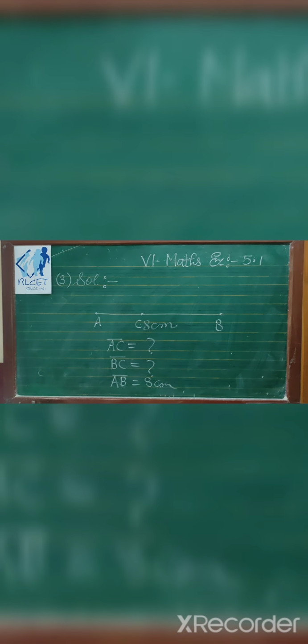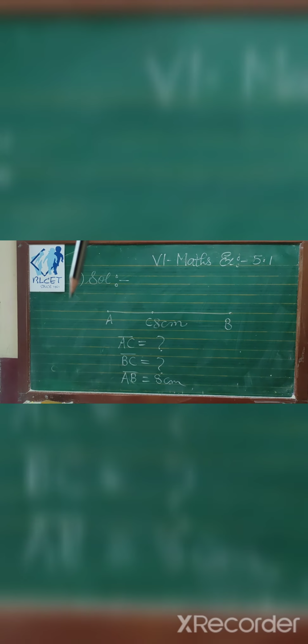So let us do. So in question number 3, what you will do? First, draw a line segment AB. If you want to measure, measure it. If you don't want to measure, don't measure. Now take any point C on the line segment. Now measure A to C. So whatever length you are getting, line segment AC equal to, in the place of question mark you will write the length. Now BC, whatever length you are getting with the help of ruler or divider, you will write here. Okay. Now AB, the whole length you will measure. So write here. Suppose that I have measured this length as 8 centimeter.